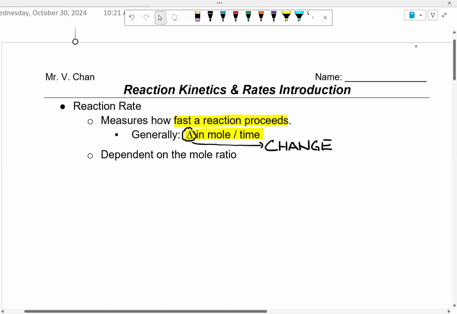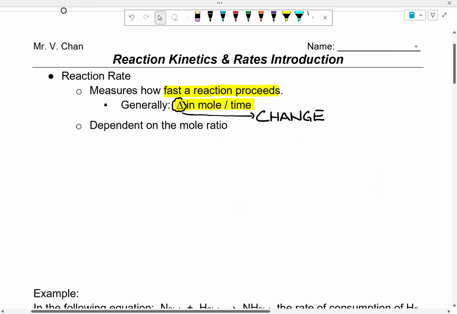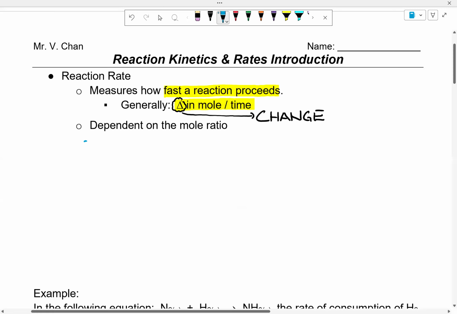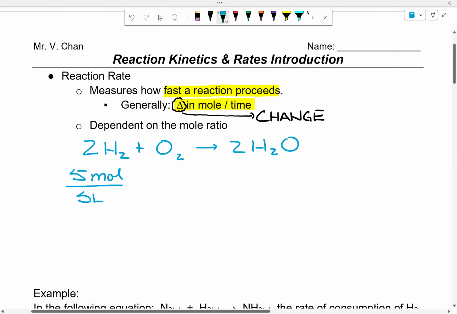Now, when we calculate the change in moles, it all depends on the mole ratio. So for example, let's say we have 2H2 plus O2 would give you 2H2O. Let's say we arbitrarily chose a number, 5 moles per second.